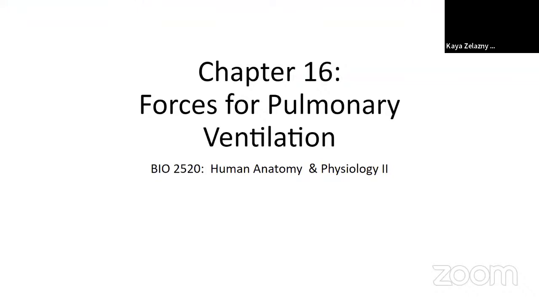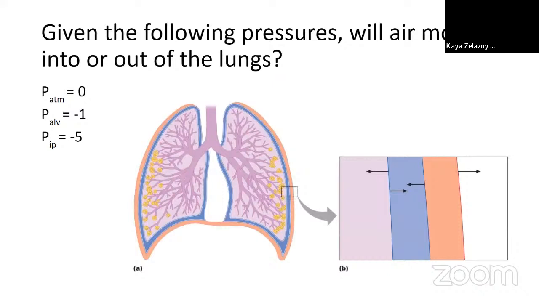Okay. So today we're finishing up with our forces for pulmonary ventilation, hopefully. Next time we'll get into factors, but we'll see. We're going to start out with a couple of example questions using pressures, because I know those are kind of confusing as we started to introduce them.